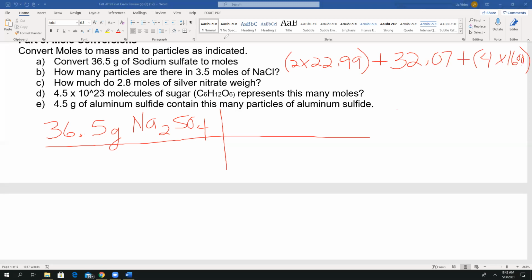Okay, so it is 2 times 22.99 plus 32.07 plus 4 times 16. And that gives me 142. So we know that for every mole, we have 142.05 grams of sodium sulfate.